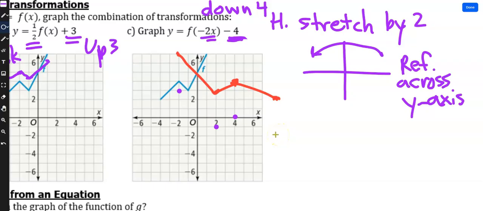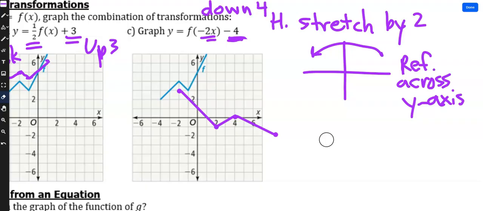I think I went a little bit too far on that one, but you get the idea. It's nice if I can use these lines. And then, of course, the red one is not part of the final answer. So that's what happened. Did a stretch.